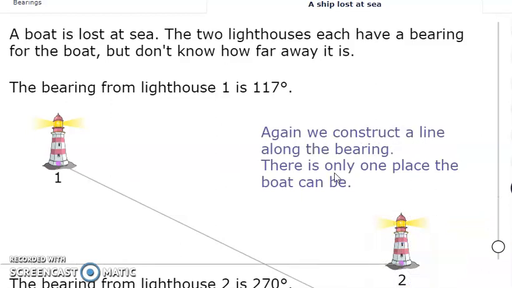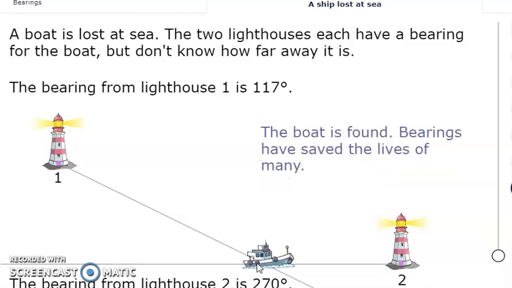Again we construct a line along the bearing. There is only one place the boat can be. So this is the place of the boat. The boat is found. The bearings have saved the lives of many.